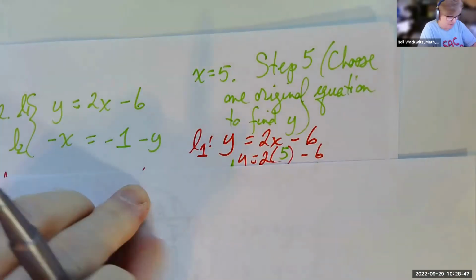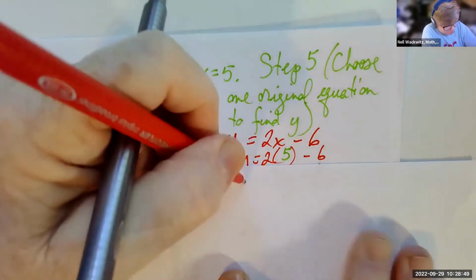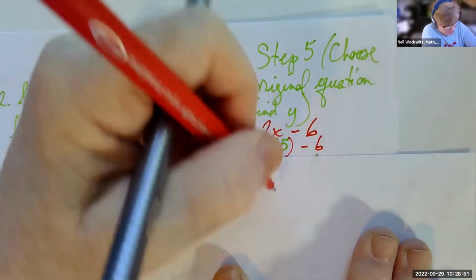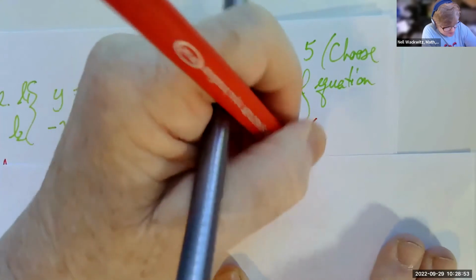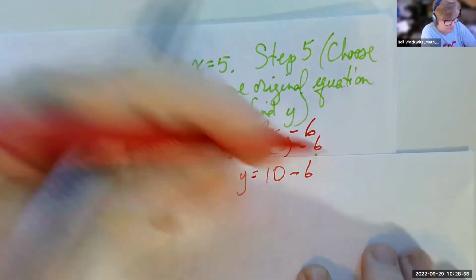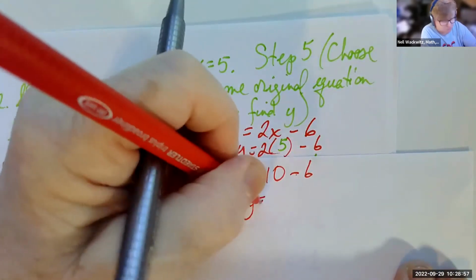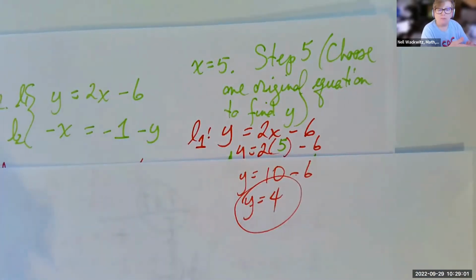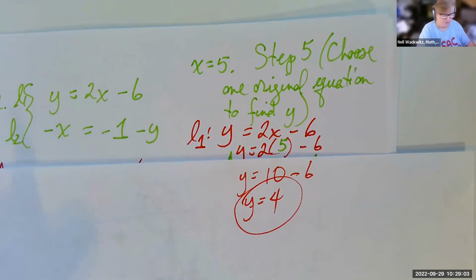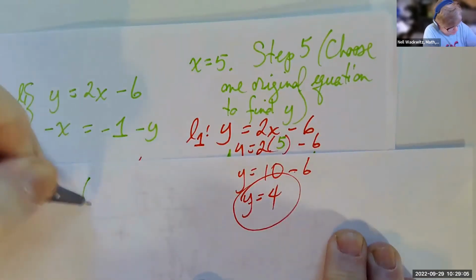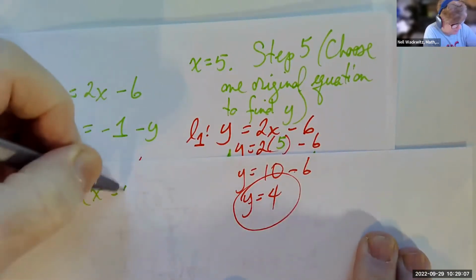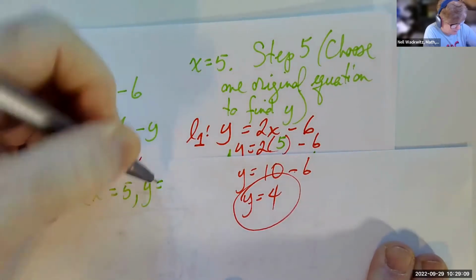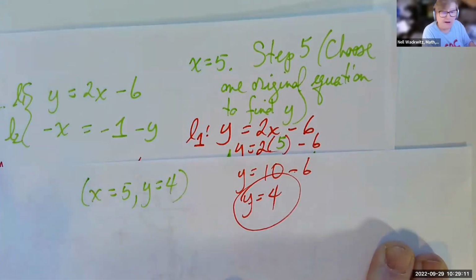And we get 2 times 5, 10. And we still have that minus 6. 10 minus 6 is 4. So now we have x equals 5 and y equals 4 as our solution.